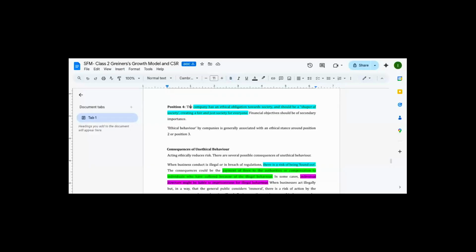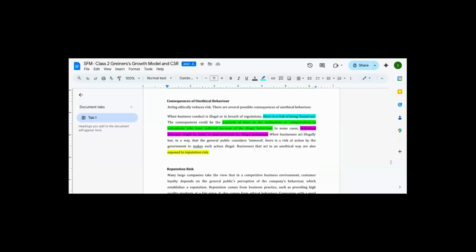In position 4, the company has an ethical obligation towards society and should be a shaper of society, meaning that it must be socially responsible through job creation, provision of basic infrastructural facilities, financial assistance to the needy, employment of physically challenged job seekers, and avoidance of environmental pollution. Many things can be done. You must be a shaper of the society.